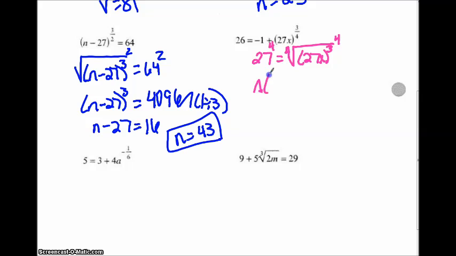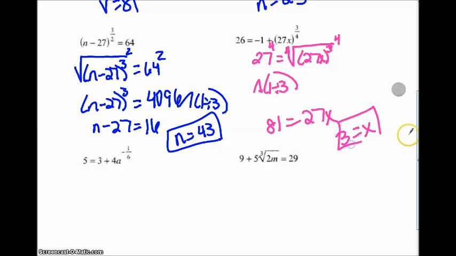Then you're going to raise it to the 1 divided by 3, and you get 81 is equal to your 27x. So then you're going to divide by 27, and you get 3 is equal to x.